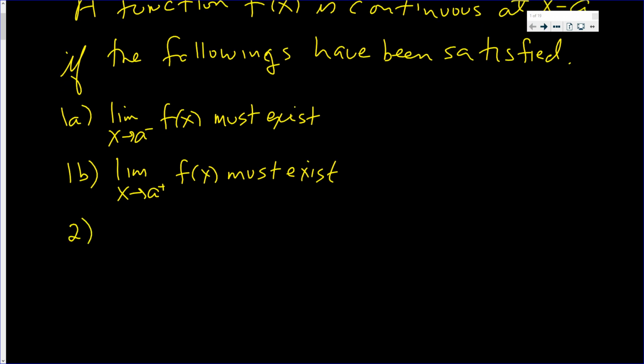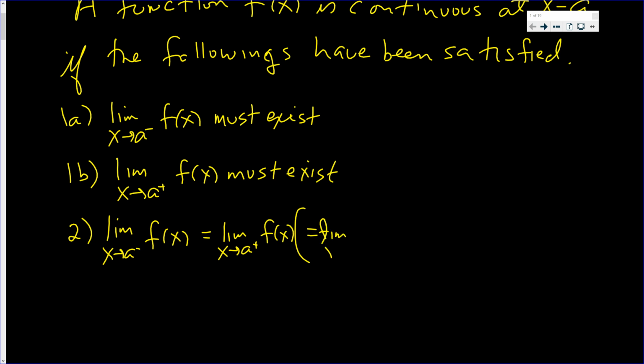Two is, the limit as x goes to a from the left of f of x must equal the limit as x goes to a from the right of f of x. That means the limit as x goes to a, not plus or minus. And let's say that this common limit is L. And the last thing is that f of a must equal L.